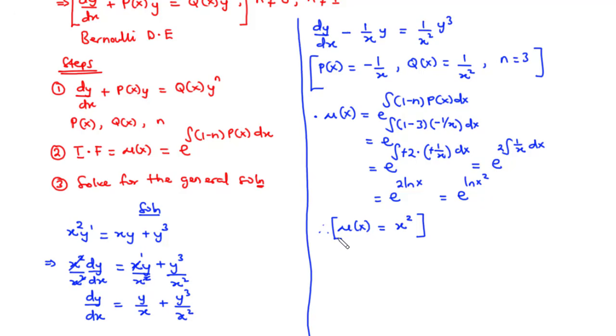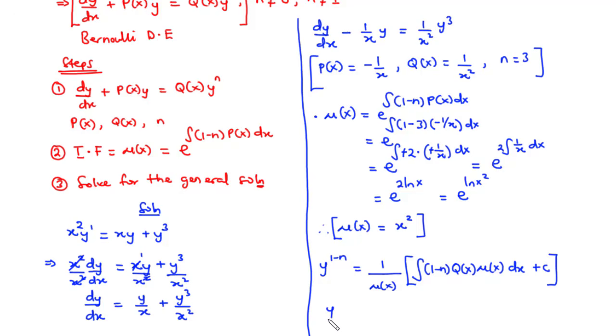Now the next thing we are going to do, which is the last step, is to solve for the general solution. The general solution is given by y to the power 1 minus n equals 1 over mu of x, all times the integral of 1 minus n times q of x times mu of x, all dx plus c.